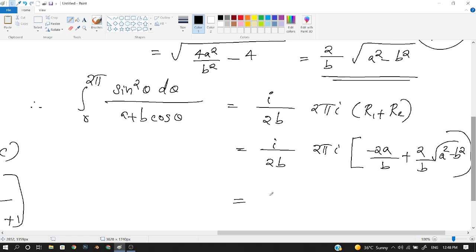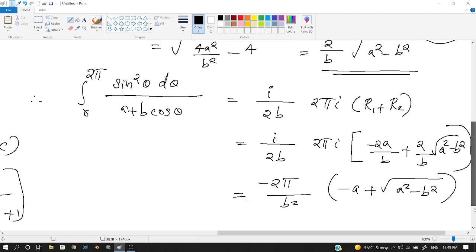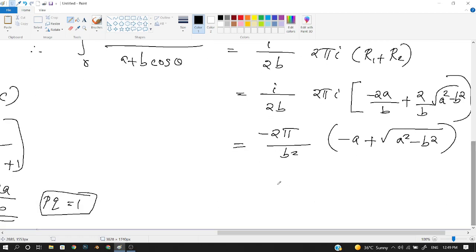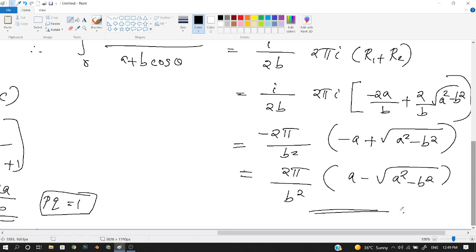So that is equal to minus 2 pi divided by b square into minus a plus square root of a square minus b square, and this can be written as 2 pi divided by b square into a minus square root of a square minus b square. So this is the required answer.